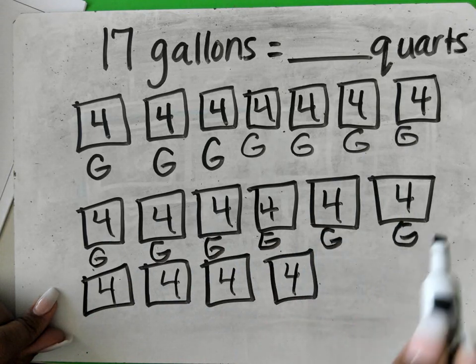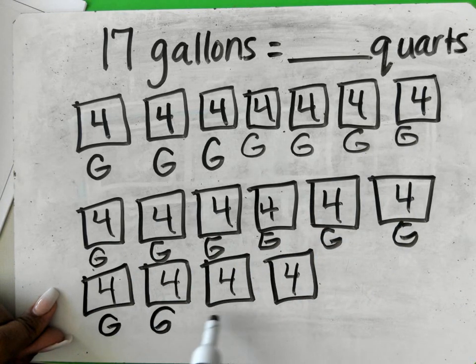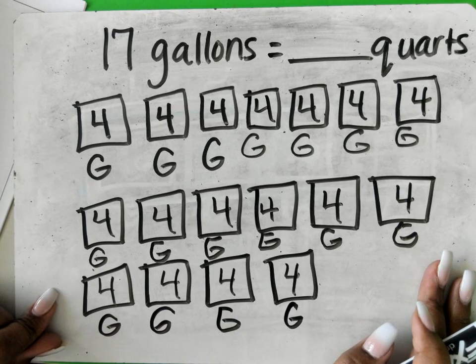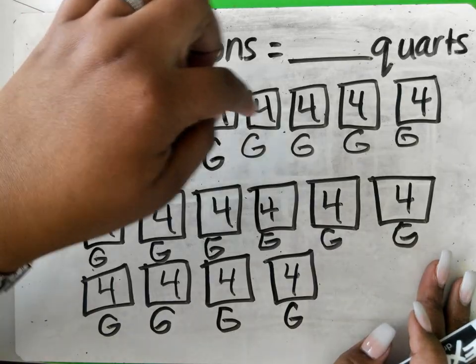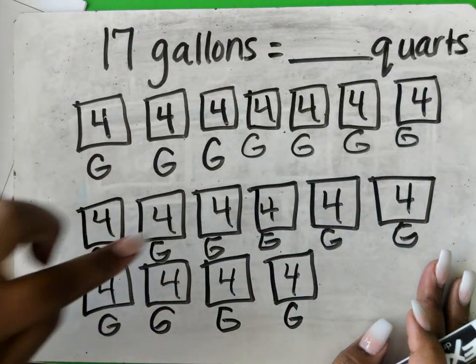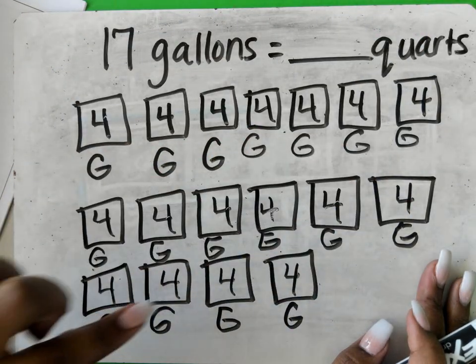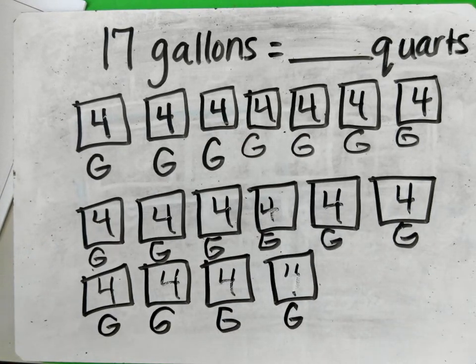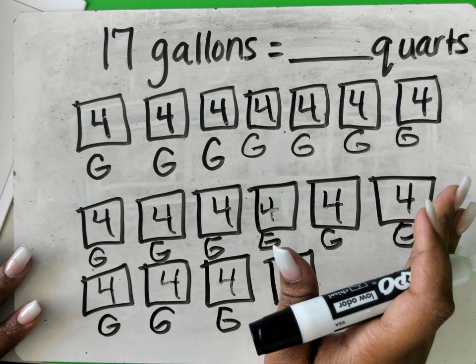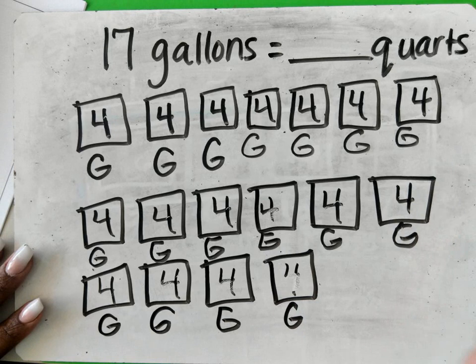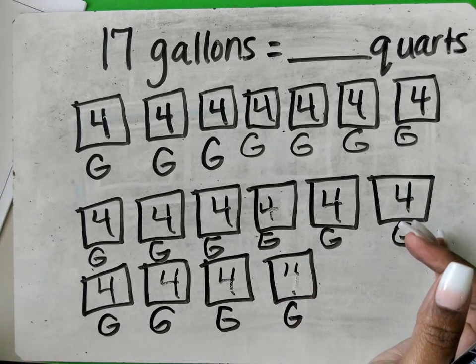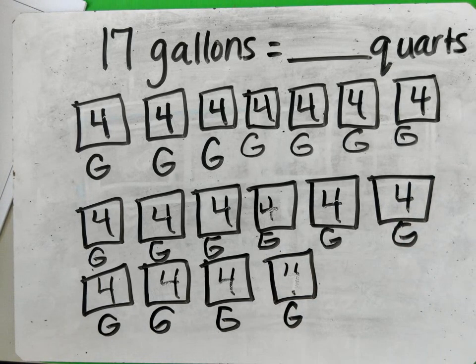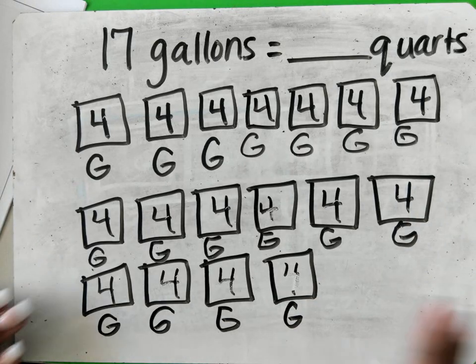My G's are starting to look a little funny, but it's okay. Okay, here we go. So I made my 17 gallons. 1, 2, 3, 4, 5, 6, 7, 8, 9, 10, 11, 12, 13, 14, 15, 16, 17. Right? And I know that there are 4 quarts in my 17 gallons, right? So instead of me adding 4 plus 4 plus 4 plus 4 plus 4 17 times, I know that I can do 17 times 4, right?